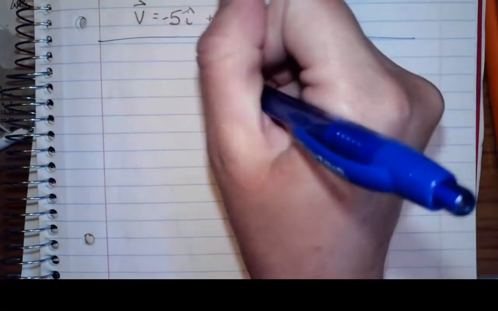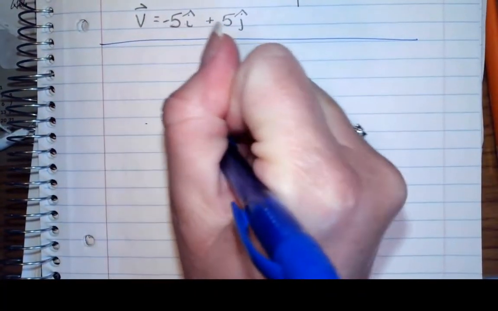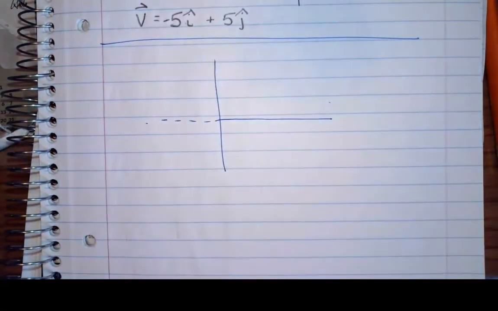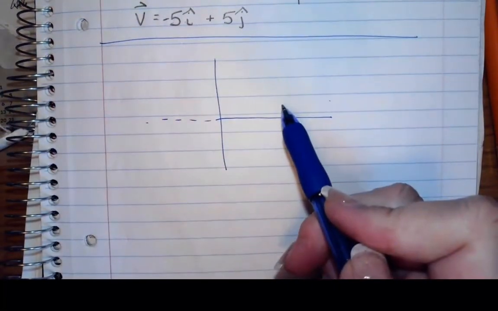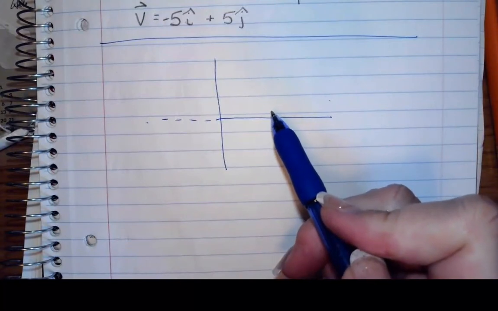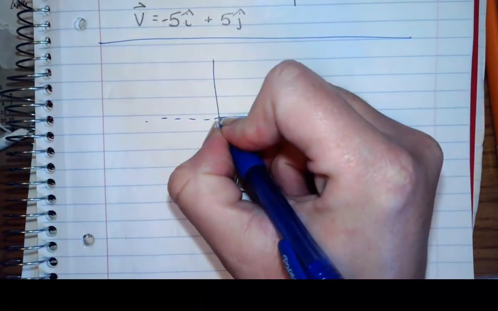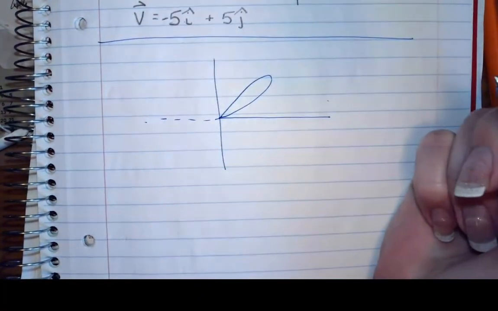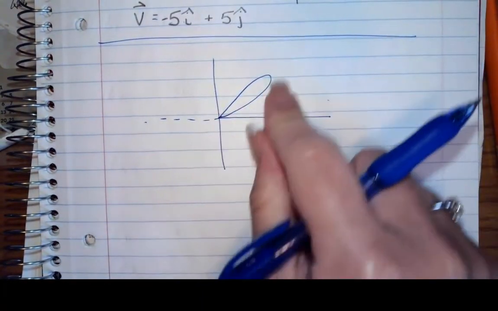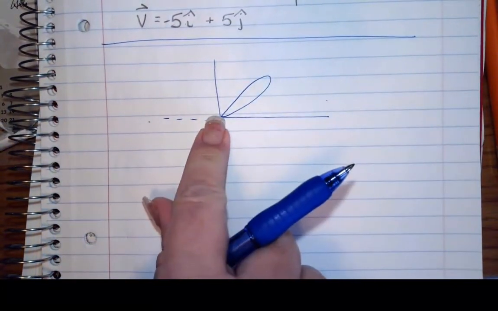We want to talk about a little bit of symmetry first. If we want to talk about it being symmetric with respect to the polar axis, remember the polar axis is going to be your positive x-axis. If I want to know if a polar equation could be symmetric with respect to the polar axis, I'm going to replace theta with a negative theta. Just think about that for a second. Let's say we've got a rose petal up here, generated with a positive theta.